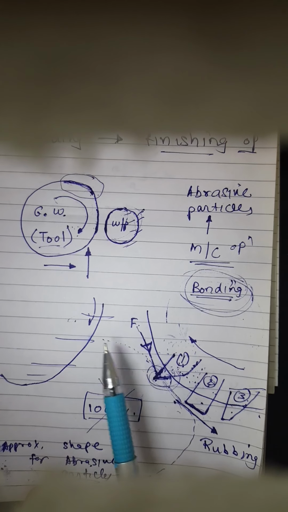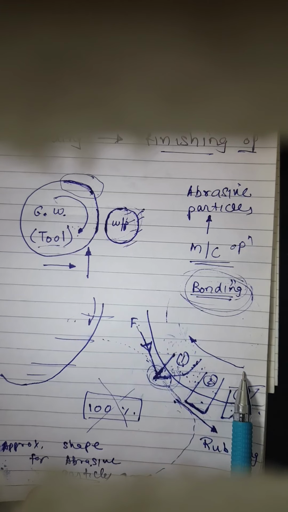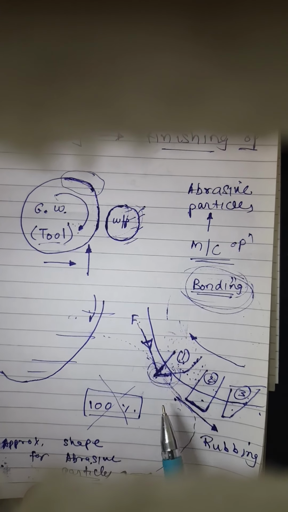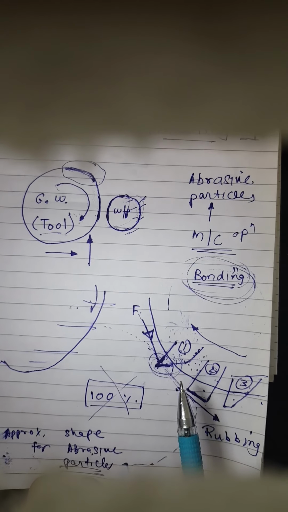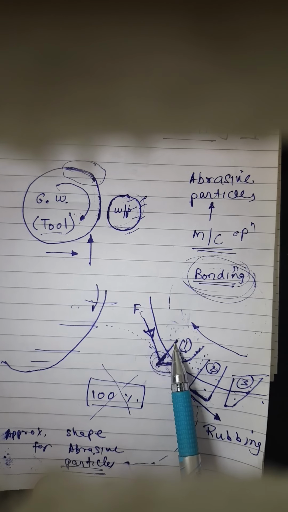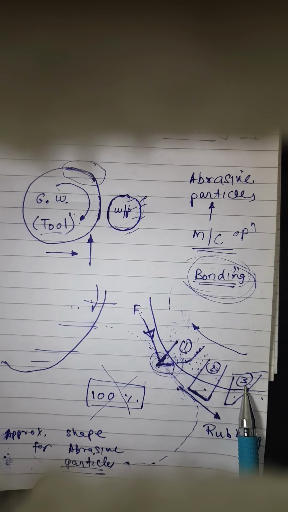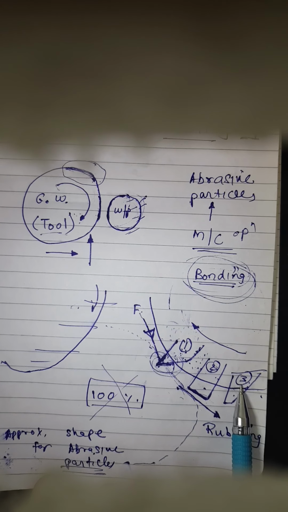I've also shown that the grinding wheel is rotating in clockwise direction, so I've shown a clockwise direction of rotation here. What I'm focusing on here is that particle number 1 has a different shape, 2 has a different shape, 3 has a different shape. The shape of these particles is something we are not fixing.